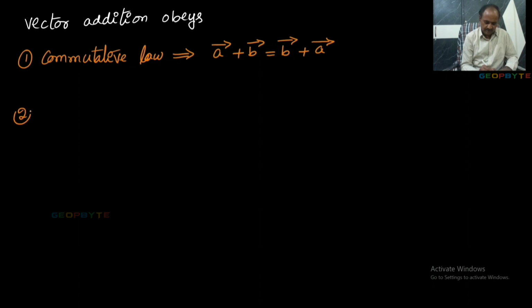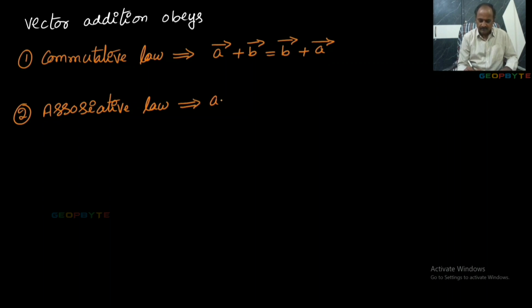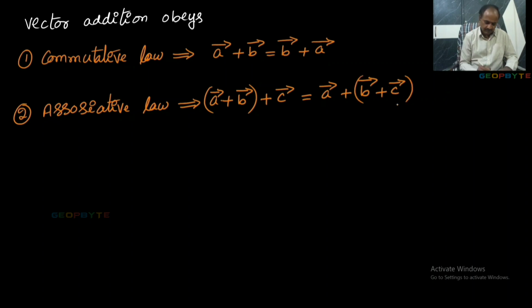It also obeys the associative law. It is like this: vector A plus vector B, plus vector C, is equal to vector A plus vector B plus vector C, with the grouping changed. This is the associative law.